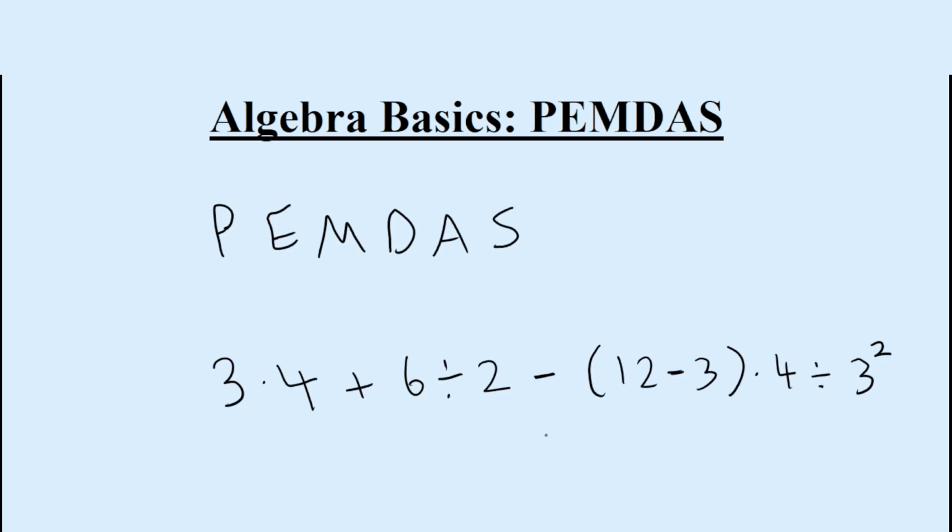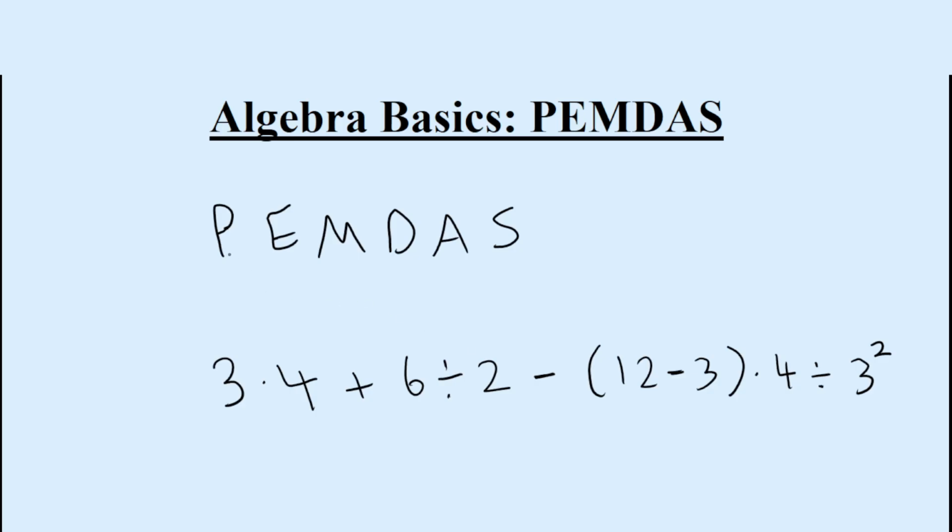So we have this really big expression, and we want to know, where do we even begin? Should we just go right to left? Should we add the 4 and the 6 first? Should we subtract the 12 and the 3? Where do we start? So that's where PEMDAS comes in. It tells you what order to actually evaluate this really large thing in.